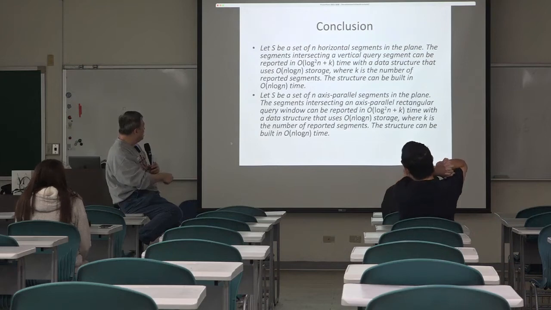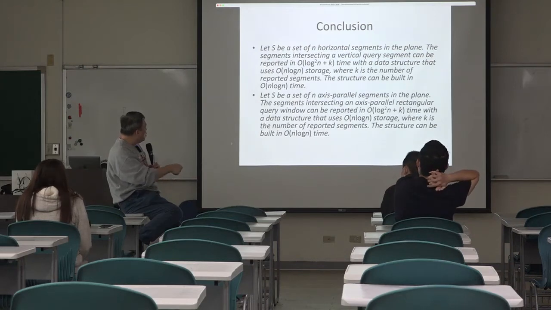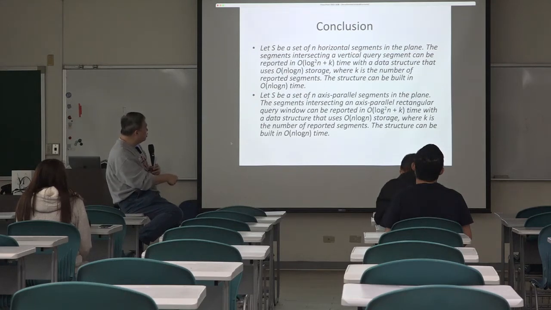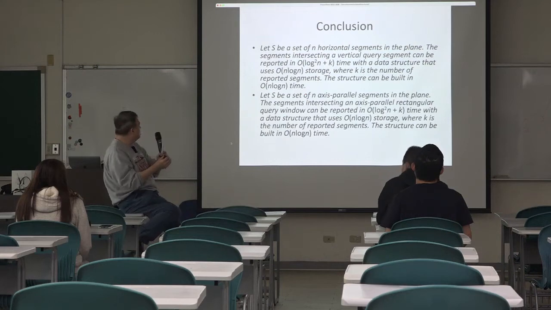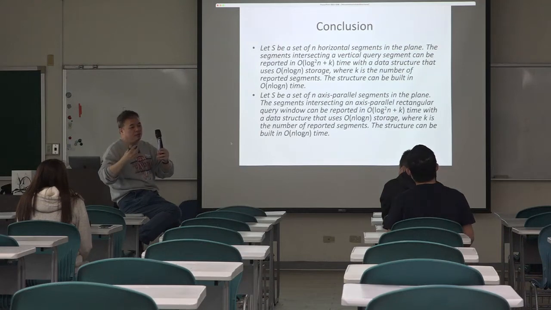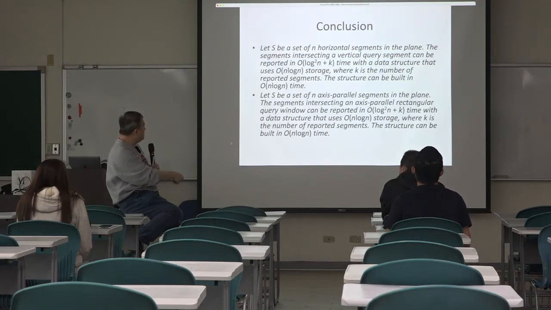Then go back to the original problem. Let S be a set of n axis-parallel segments in the plane. Because here we had n horizontal segments, now we have n axis-parallel segments, which can be broken into horizontal segments and vertical segments, and we deal with them separately. Dealing with them separately doesn't increase complexity anyway.